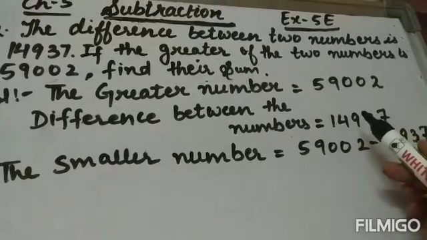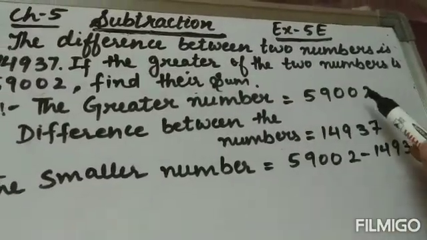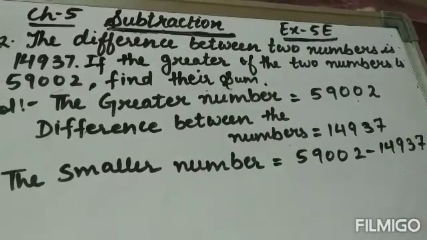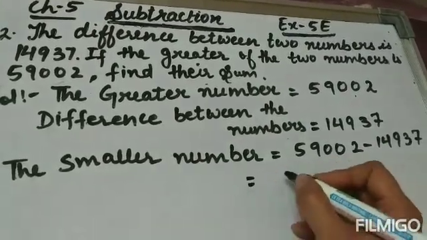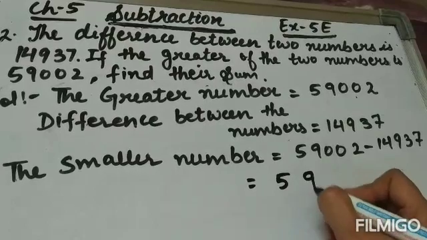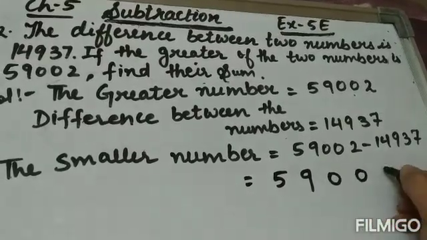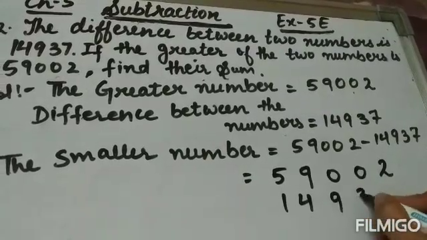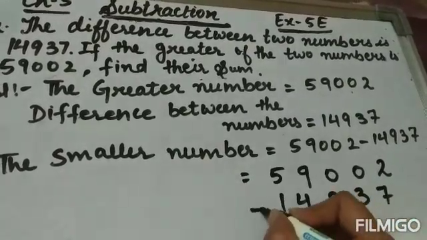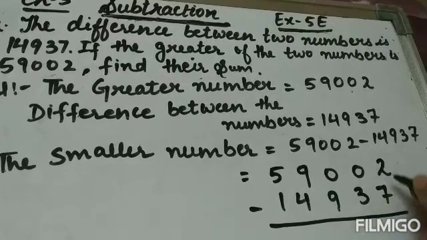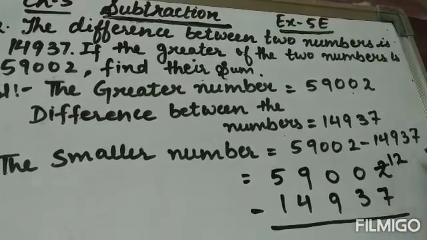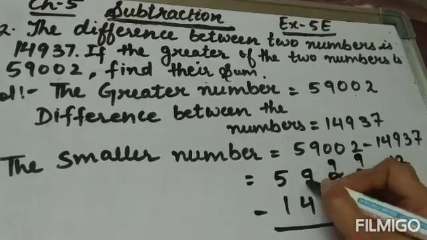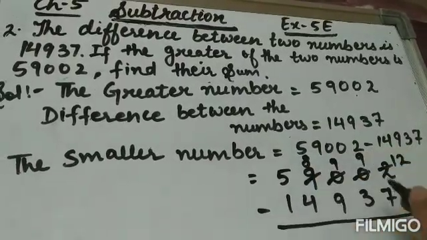How will we find the smaller number? We will subtract these two numbers. Okay, we will subtract these two numbers. So the other number is 59,002 minus 14,937 and subtract these two numbers. This 2 will become 12, this will become 9, this will become 9 and this will become 8.